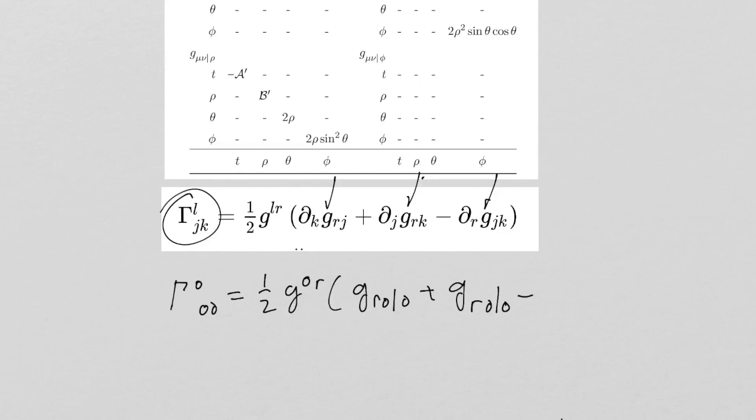Yeah, I guess that makes sense. Minus G 0, 0 partial R, right?